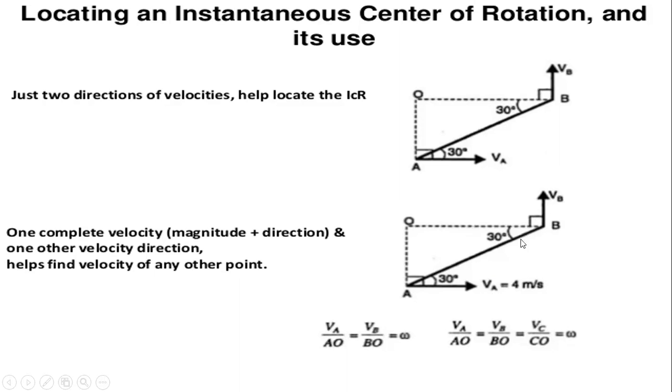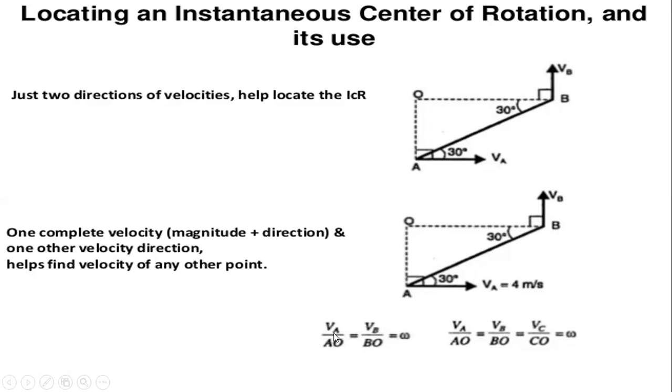So we are going to find the velocity of B from the given angle from A to B, and the velocity of A, and the direction which is perpendicular to the velocity of A. So these are the combinations.